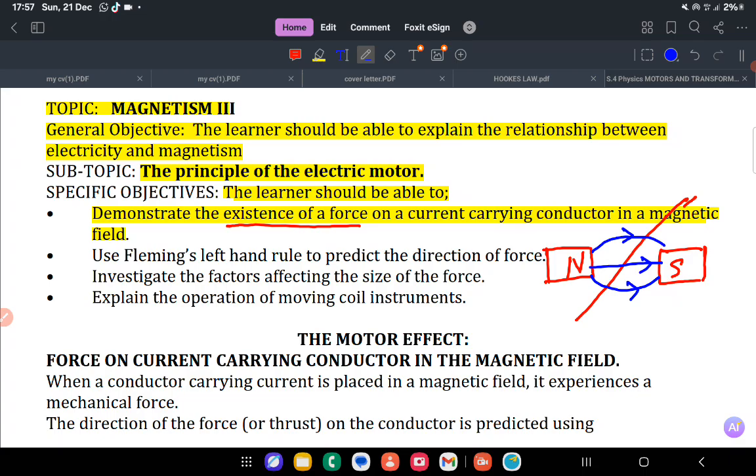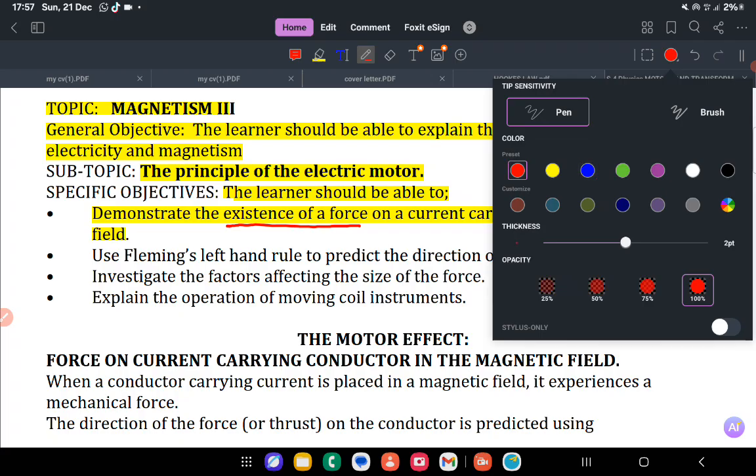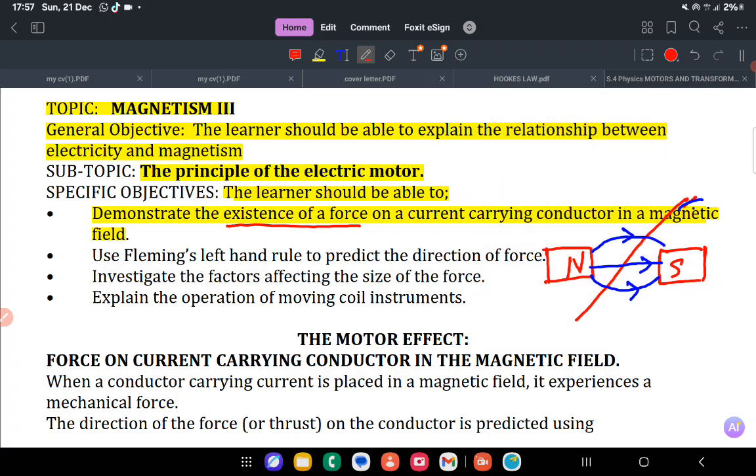Now, let's suppose that this wire is connected to a source of power, for example, a battery. Assuming that we have a circuit like this, such that we have a wire, which is passed in a magnetic field.